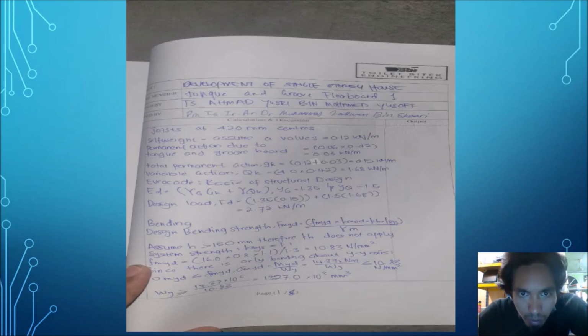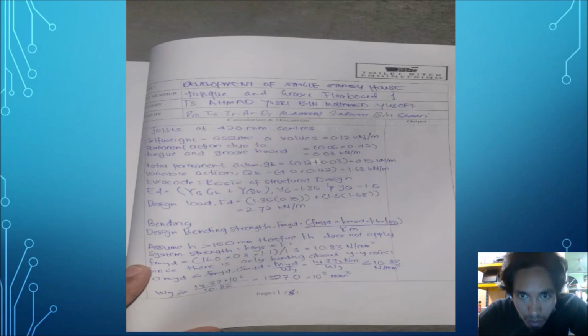Untuk tongue and groove floorboard, joist add for 420 mm center, dengan kita assume value self weight value iaitu 0.12 kN per meter, manakala permanent action due to tongue and groove board kita dapat dengan nilai 0.03 kN per meter.